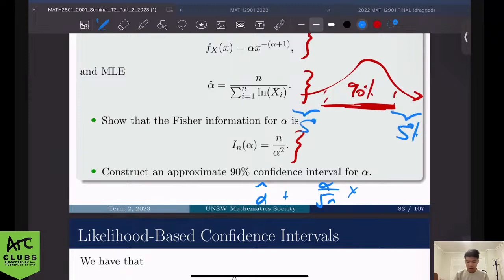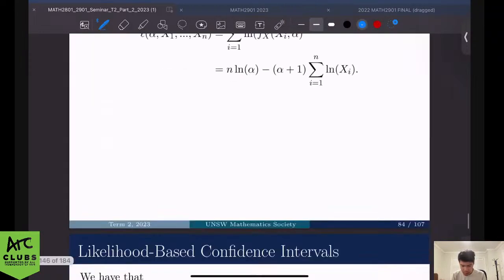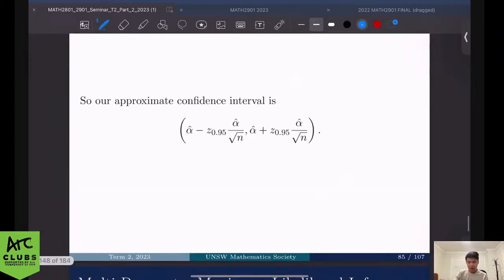So it will be z_0.95, and then the other one will be alpha hat minus z_0.95. Sweet. Yep, so that's the answer given here.